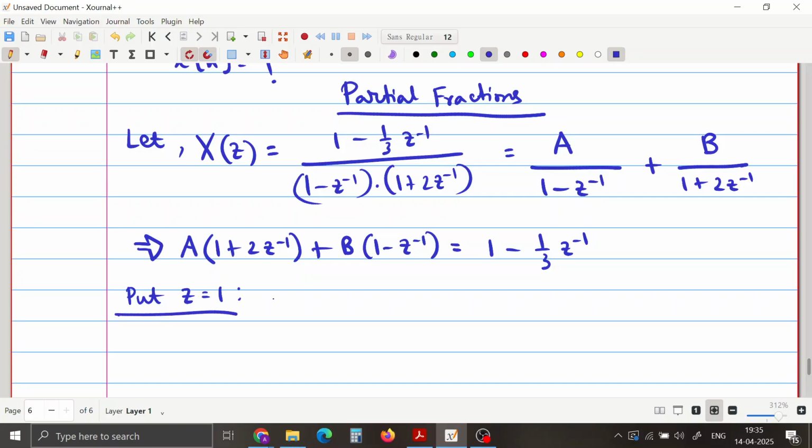How that helps is that the coefficient of the B term, 1 minus z inverse, becomes 0 when z equals 1. So I will be left with A into 1 plus 2 into 1, that is 3A, and the other term vanishes, equal to, on the RHS, 2/3, which gives me A equals 2 by 9.